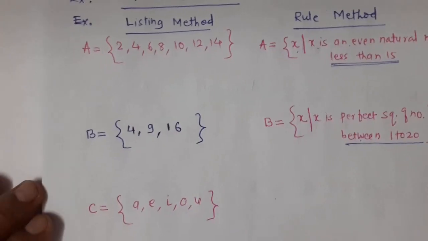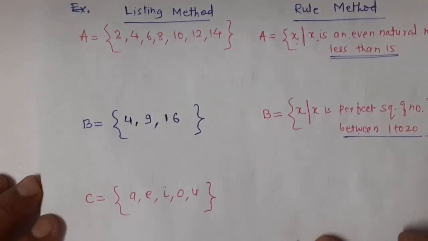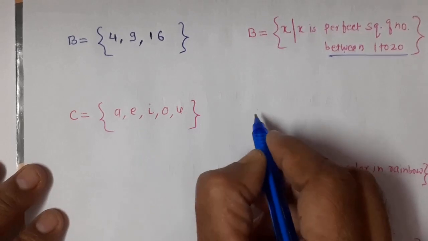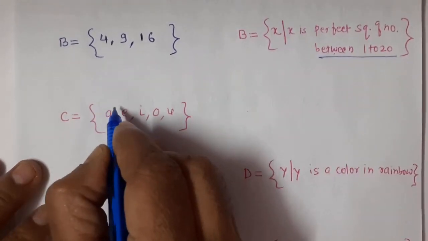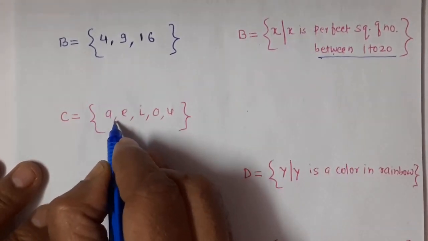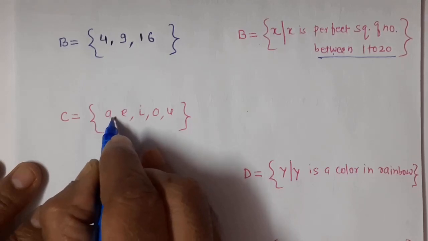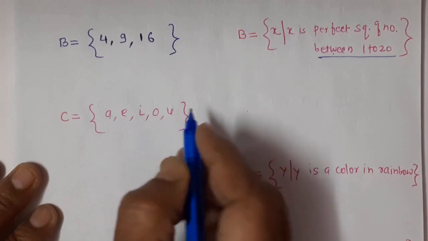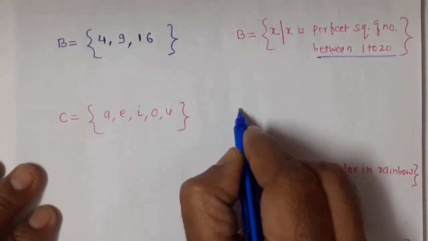Then the next example: here in the listing method it is given that C is a set of all alphabets A, E, I, O, U. So how can that be written?